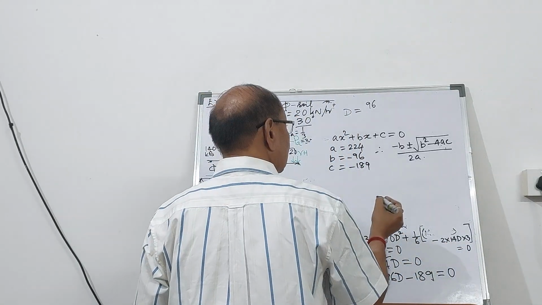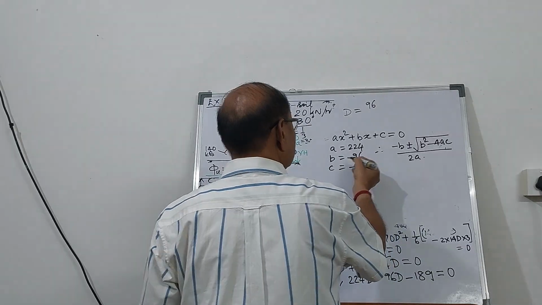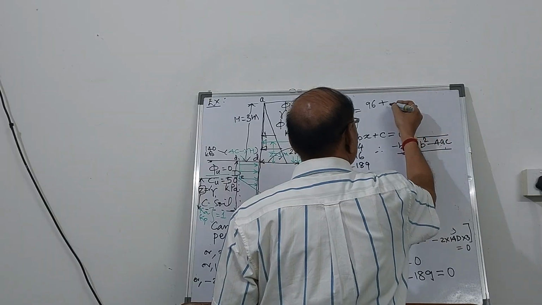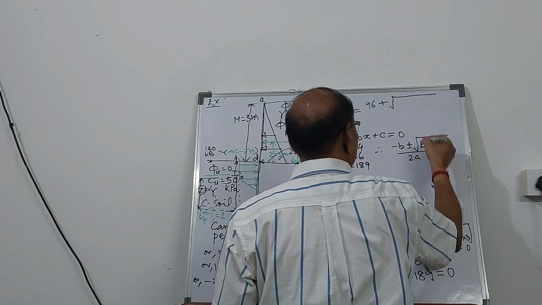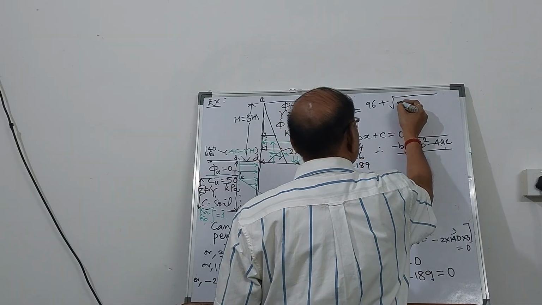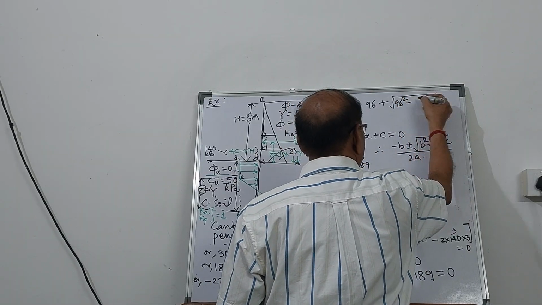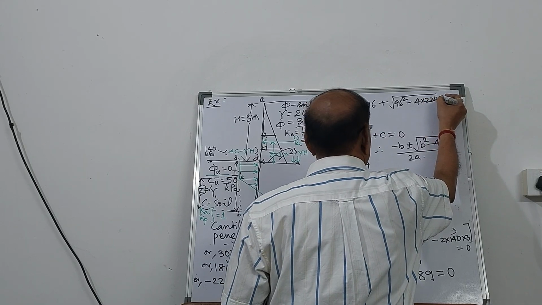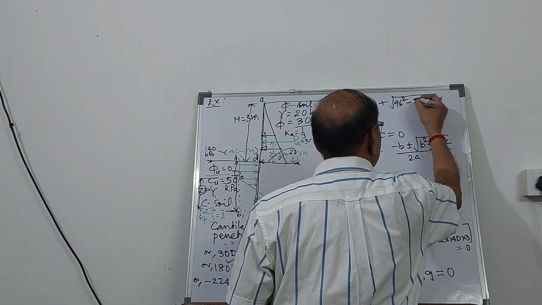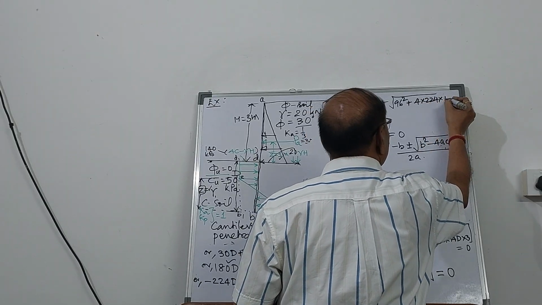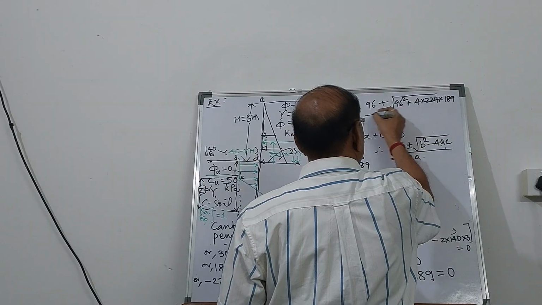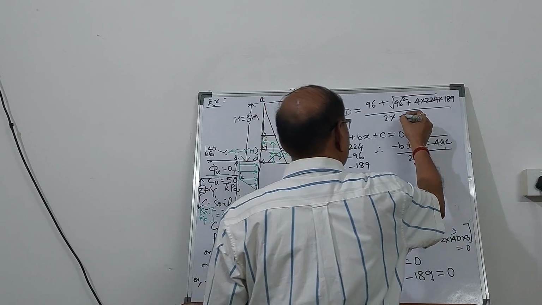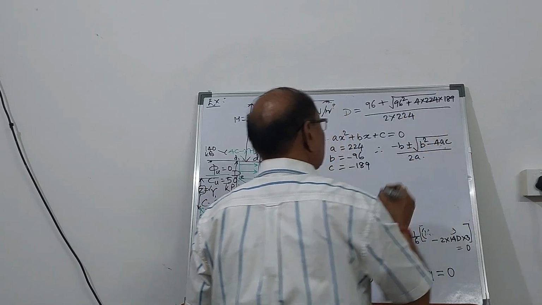So minus b, that is 96, plus under root b square, that is 96 square, minus 4 into this becomes plus 189, divided by 2 into 224.